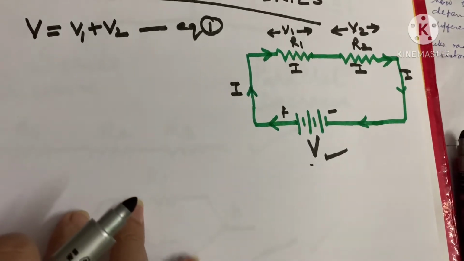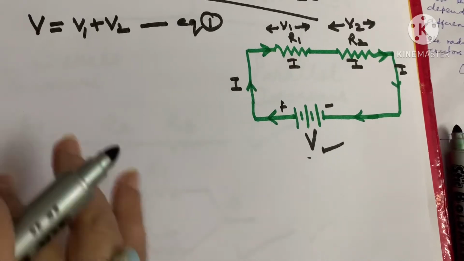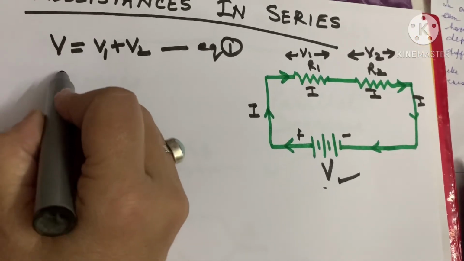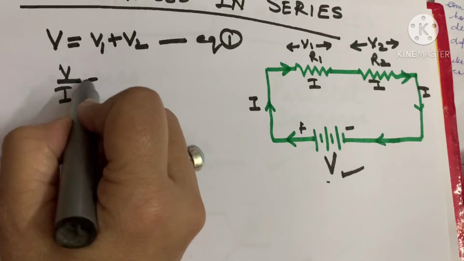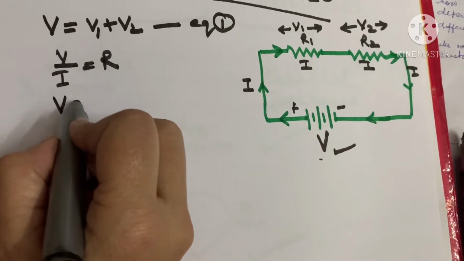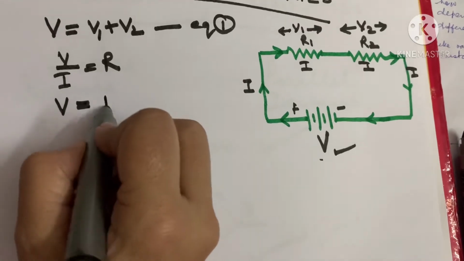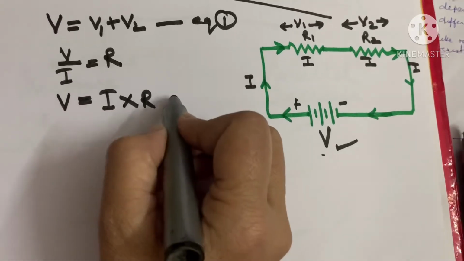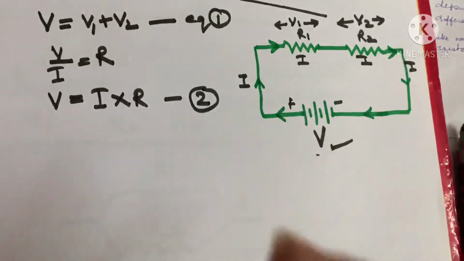According to Ohm's law, V upon I is equal to R, or we can write this as V is equal to I into R. This is equation number 2.